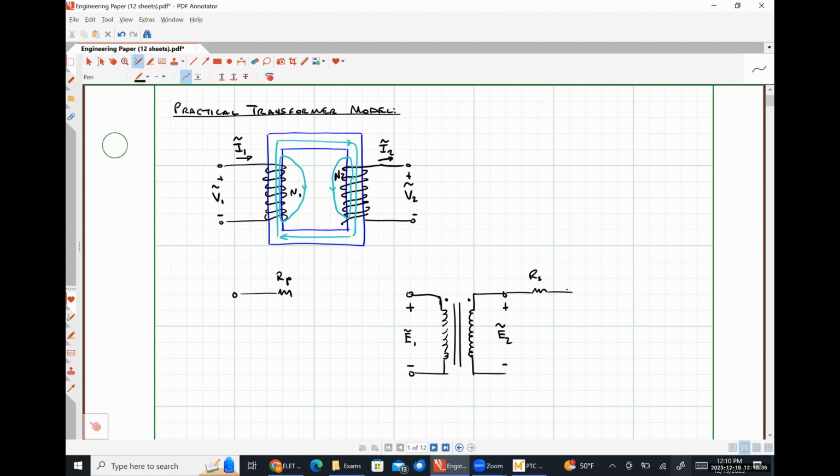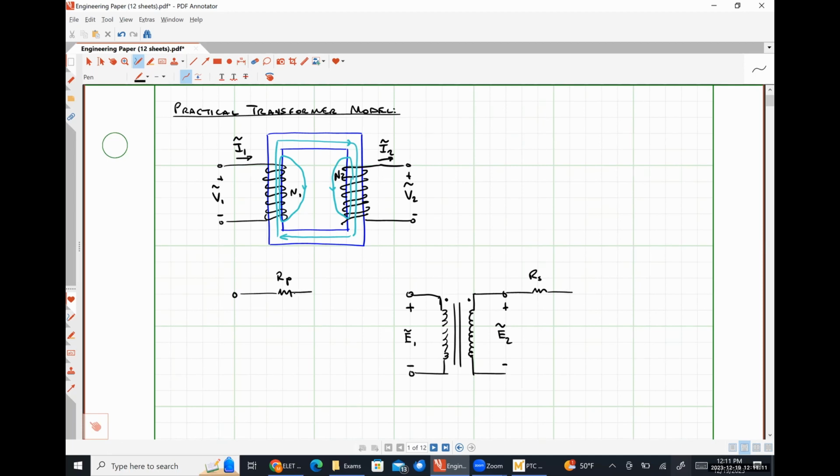From our diagram of our magnetic circuit, we can see that not all of the flux that passes through the primary coil links to the secondary and vice versa. This leakage flux is a form of inefficiency in the system, but does not represent a true loss. What I mean by that is that it's not actually absorbing any energy. And because of that, we're going to represent these losses with reactance, because we know that the average power consumed by a reactance is always 0.